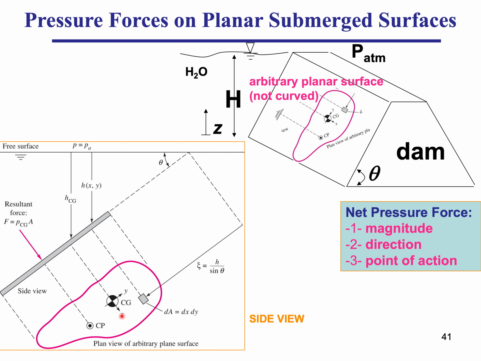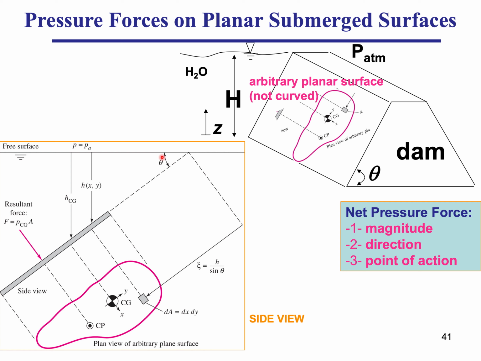Now the center of this area, which we're marking CG, we're going to use to reference our coordinate system. So the center of gravity of this area is going to be our origin for X and Y. And Y is pointing along the plate in the direction pointing to the surface.